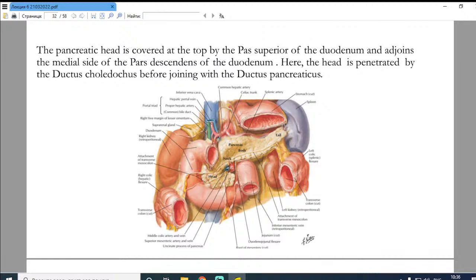Here the head is penetrated by the ductus choledochus before joining with the ductus pancreaticus. This is duodenum, head of pancreas. This is neck, body, tail.